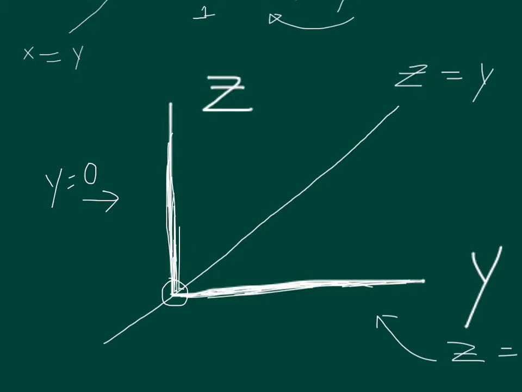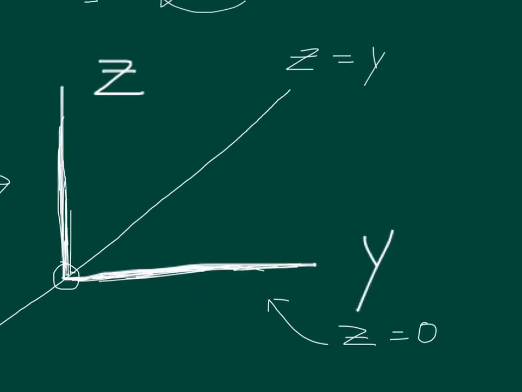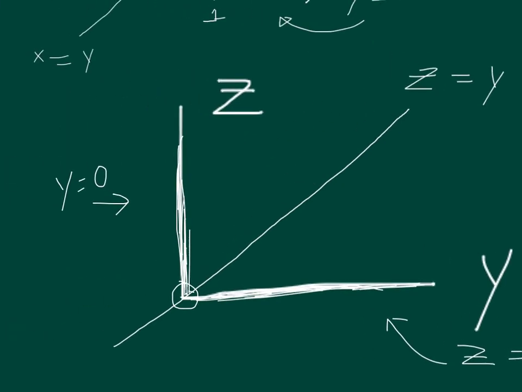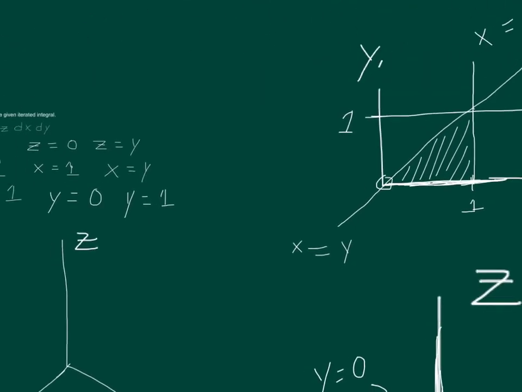So here we have three functions. We have z is equal to 0, which is here, z is equal to y, and we have y is equal to 0. So you're probably saying, well, I'm not even sure with the remaining equation if we'd even find a boundary region. Well, let's go ahead and find out and see if that is or isn't the case.